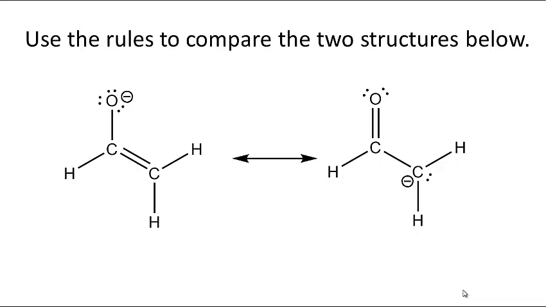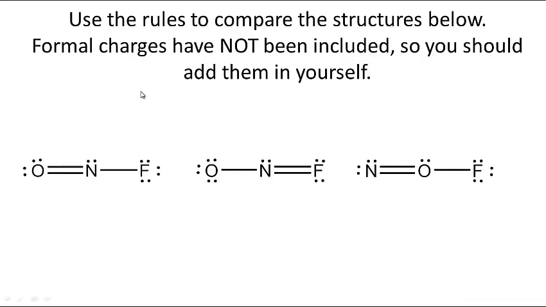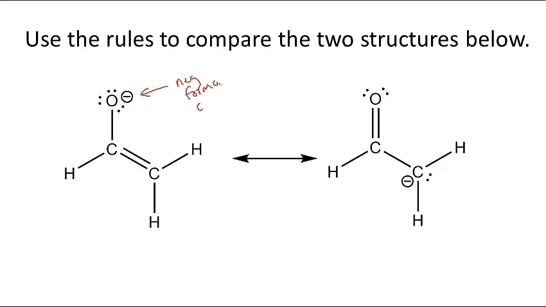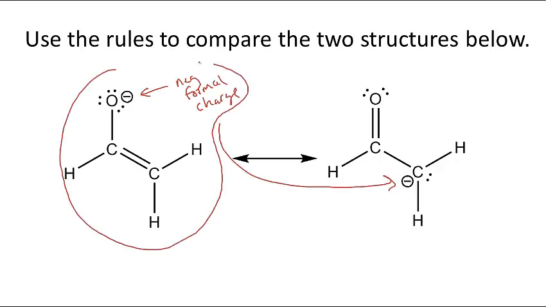All right. So the answer was the one on the left because, let's look where the formal charges are. Negative formal charge, and then negative formal charge. This one is more stable because oxygen has a greater electronegativity than carbon.